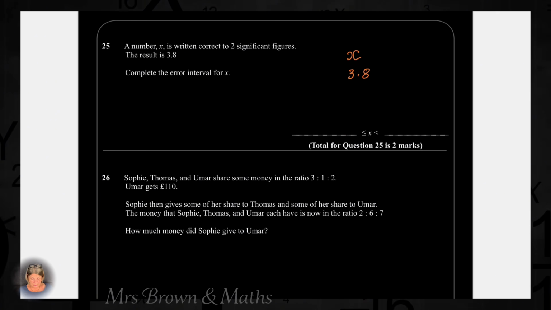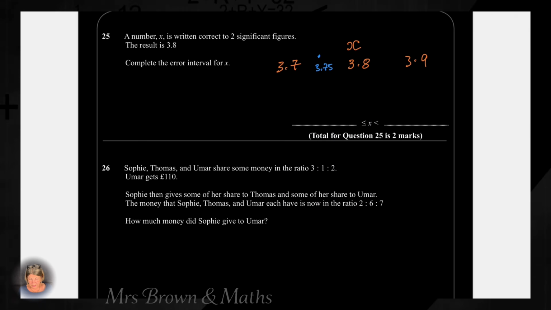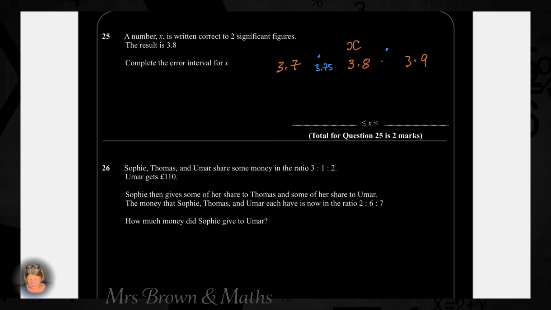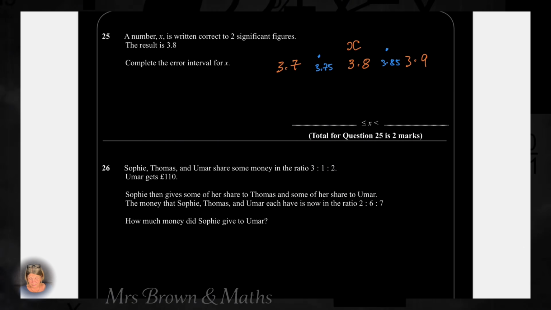So 3.8, to the left it will be 3.7, to the right it will be 3.9. What is in the middle? 3.75, and here 3.85. Right, when we have 5, we round up.